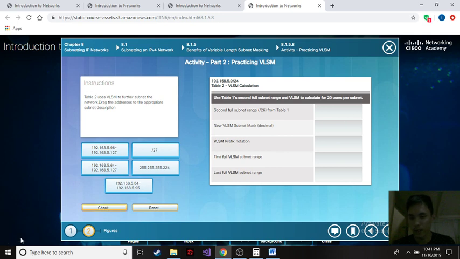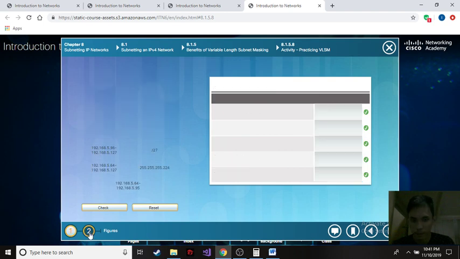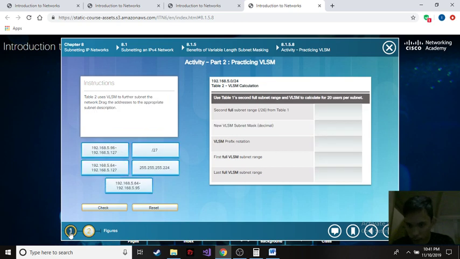So we're going back to table 1, where our second full subnet is 192.168.5.64/26. So this is the answer here.